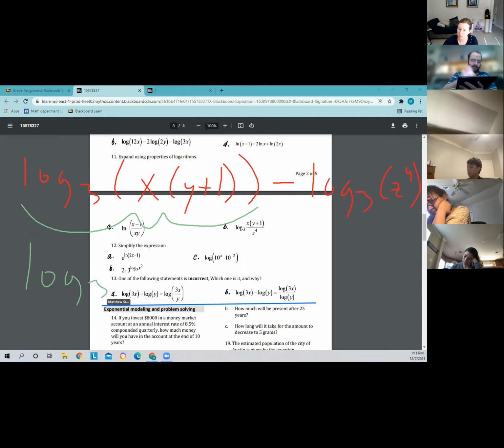So how do I split that numerator up? The addition, the multiplication. Oh, no, multiplication becomes addition. Yeah, that's it.